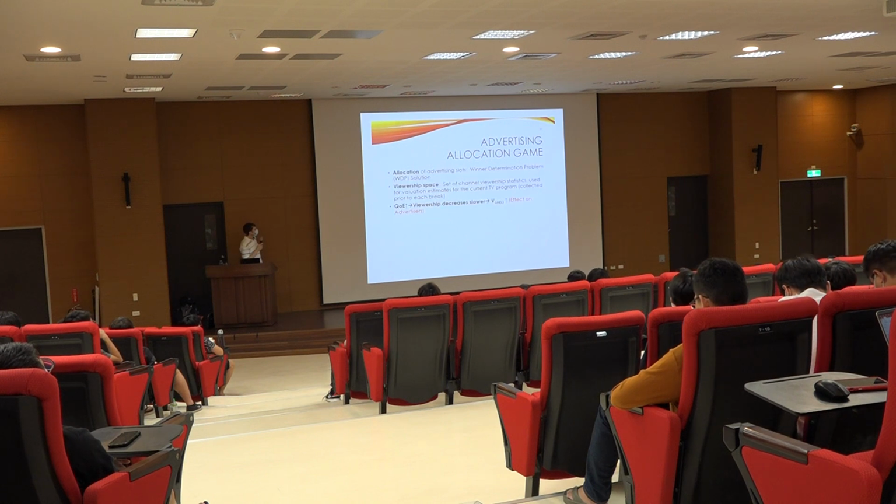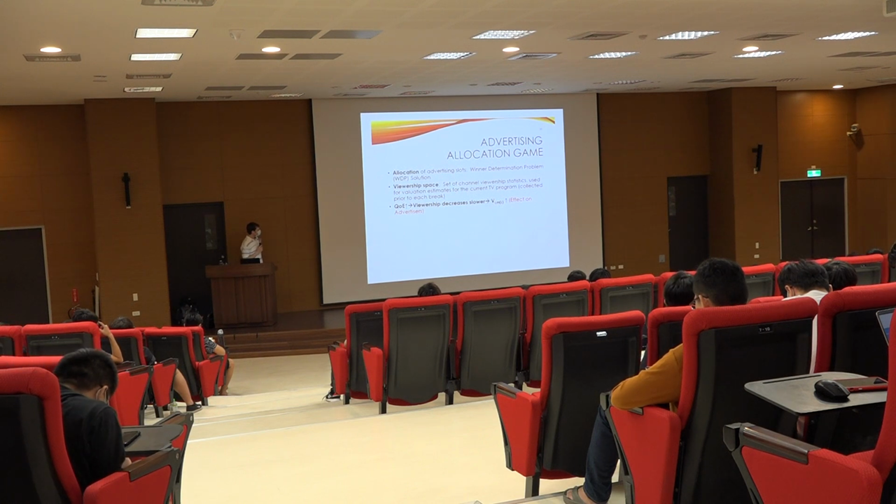Now, the allocation of advertising slots results in a winner determination problem. For those of you interested in game theory, winner determination problems have a reputation for being NP-hard. The viewership space we consider is a set of channel viewership statistics used for valuation estimates for the TV program.